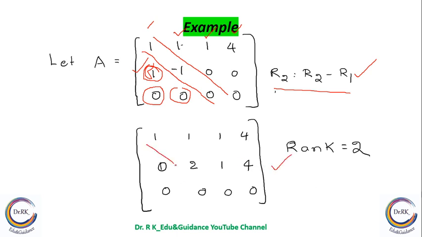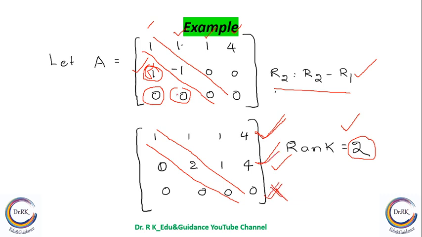But still, is there any possibility of further reduction? No. So now we have the echelon form of the given matrix. This is a non-zero row, this is a non-zero row, and this is a zero row. So what is the rank here? Rank equals 2, the number of non-zero rows. The zero row we don't want.